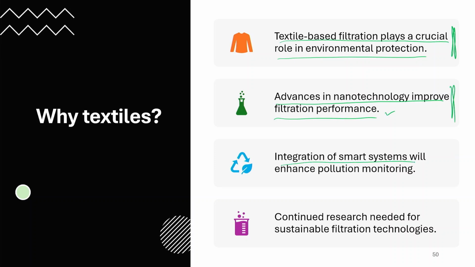We can integrate smart systems to enhance pollution monitoring, and do different types of functional coating. The main advantage of textile material is that it is flexible and can take any shape. It is not brittle, and its strength is relatively high. Continuous research is needed, particularly for sustainable filtration technologies.